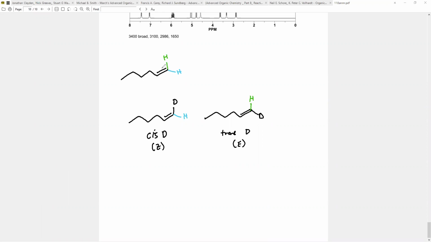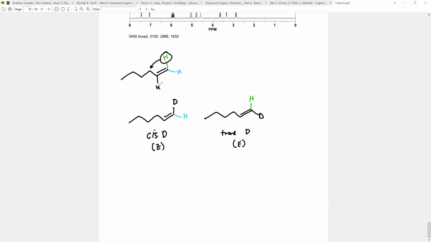It also makes sense when you think about it from a rotation point of view, right? There's absolutely no rotation around this. So this hydrogen has different field effects with that methyl versus this guy, which has a hydrogen here. You can also think about how these hydrogens interact with each other. They're fixed in place.